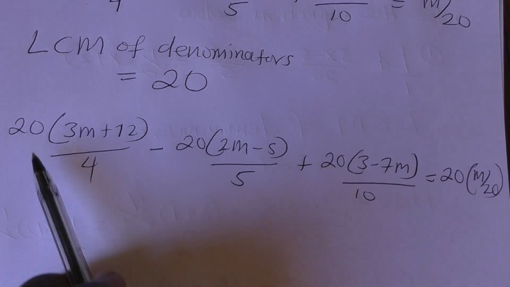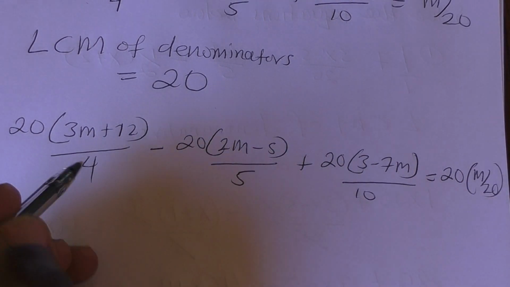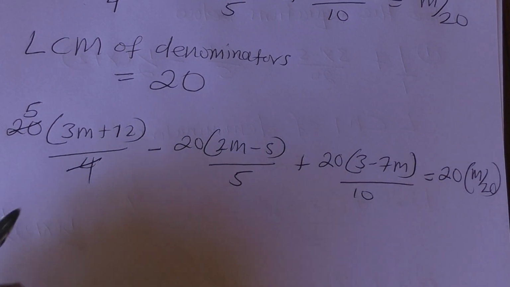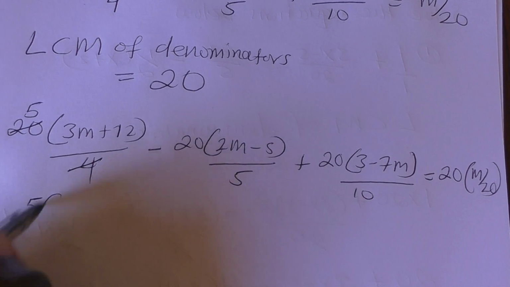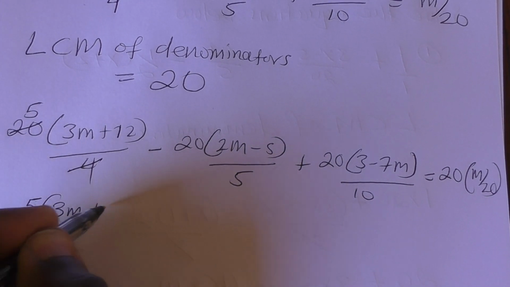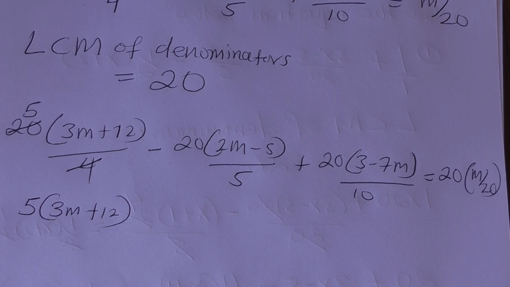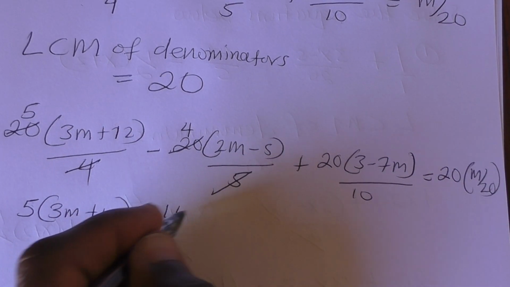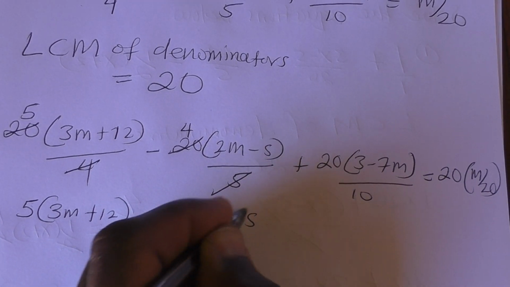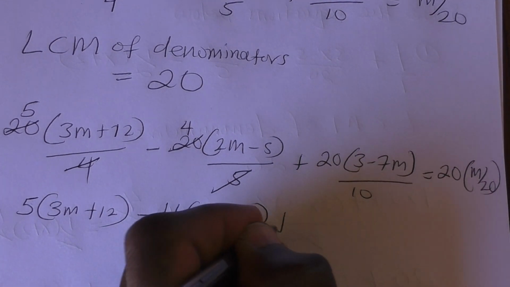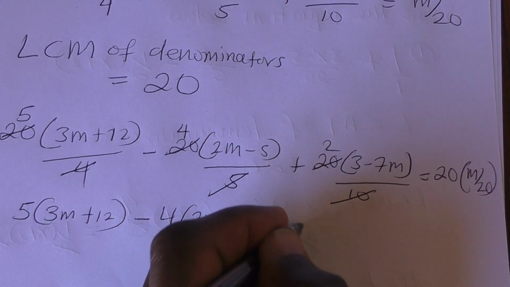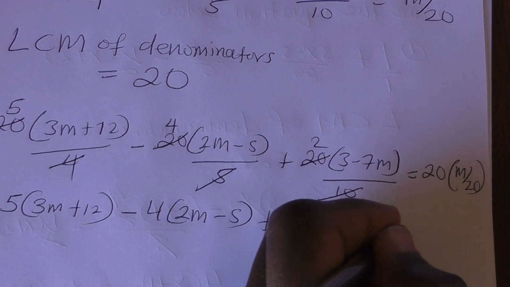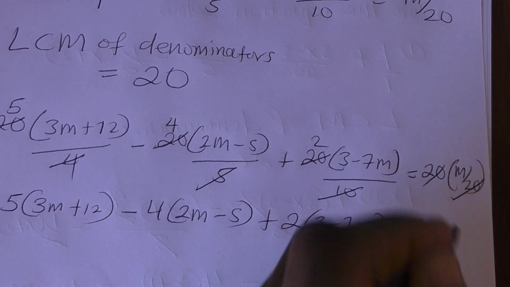Then after multiplying throughout by the LCM, you reduce where possible. This is 5, so you end up with 5 into 3m plus 12, minus, this is 4, so you get 4 into 2m minus 5, plus, this is 2, so you get 2 into 3 minus 7m, equaling to m.